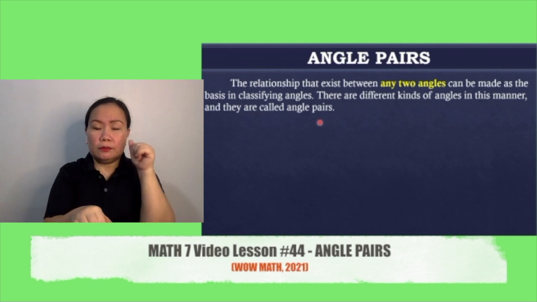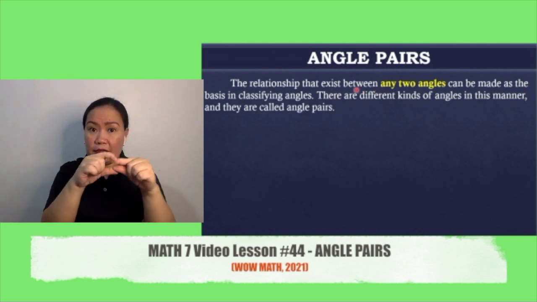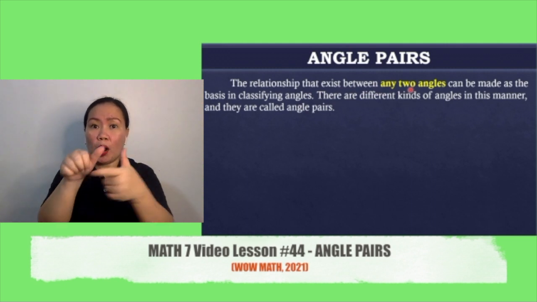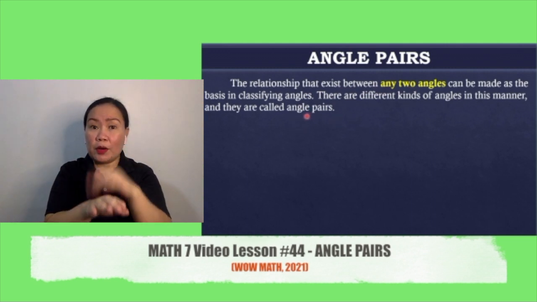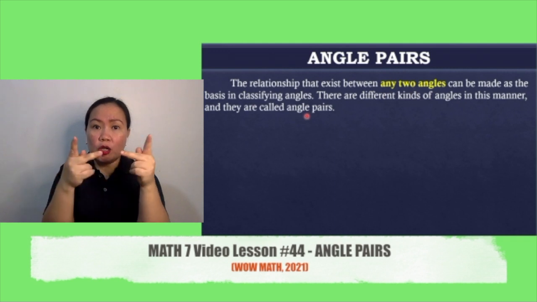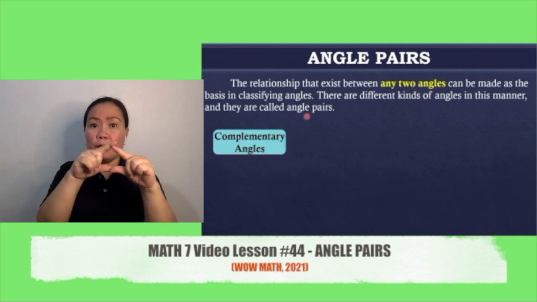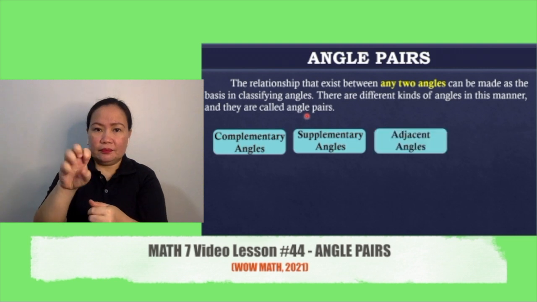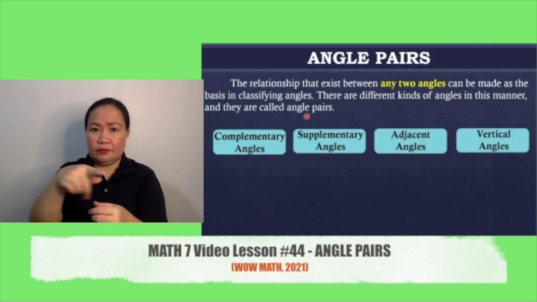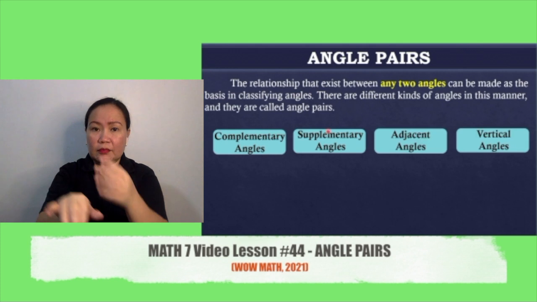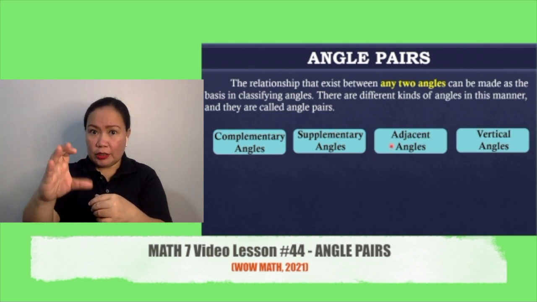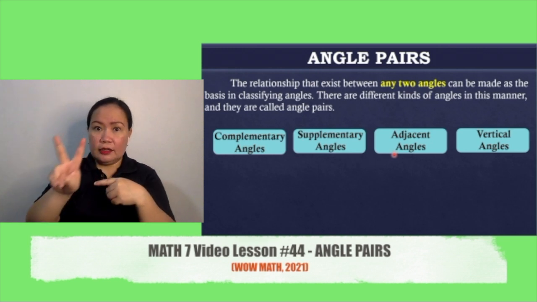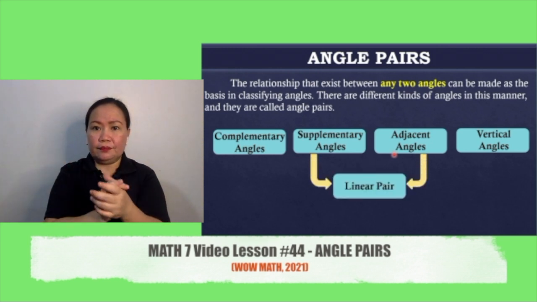So, ang tawag natin dun sa relationship ng any two angles, kapag meron na tayong dalawang angles, ang tawag po natin doon ay angle pair. So, what are those? Una ko nang naipakita kanina, we have the complementary angles, the supplementary angles, adjacent angles, vertical angles. Now, if we will be combining these two, the supplementary and adjacent angles, doon papasok si linear pair.